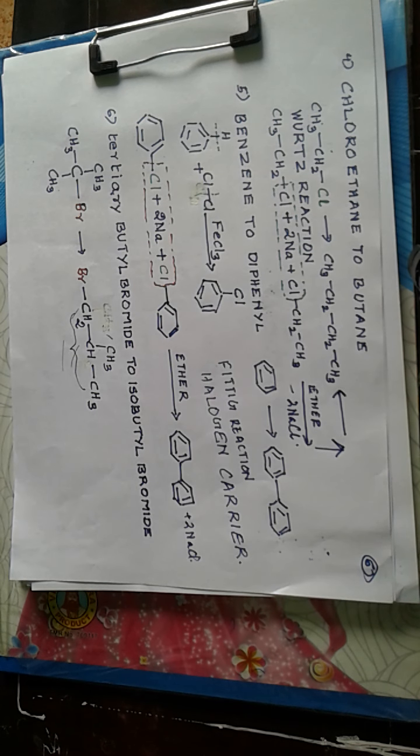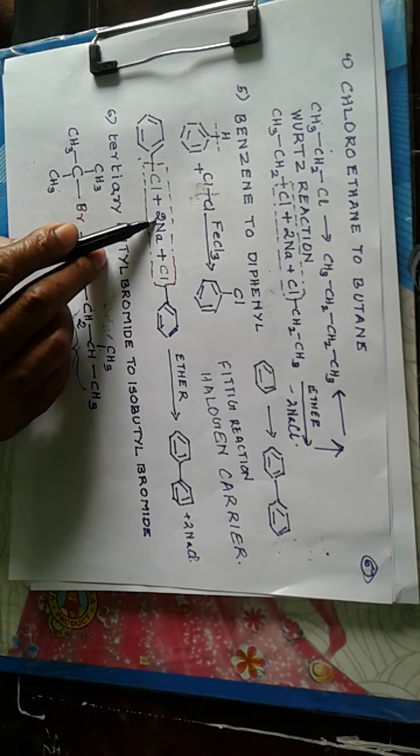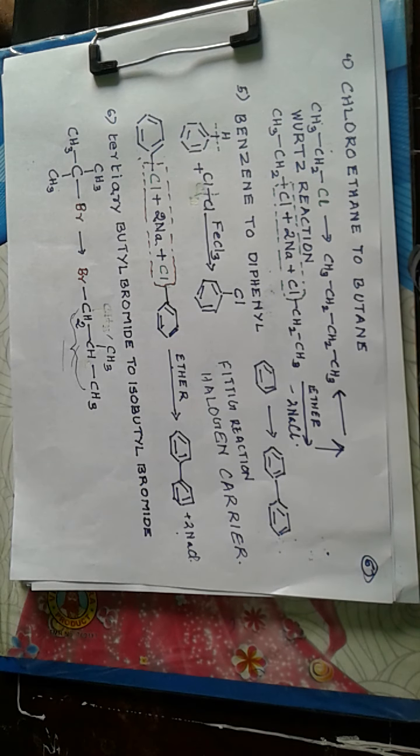Now ferric chloride is the halogen carrier or catalyst. FeCl3 reacts with Cl2, producing FeCl4 negative and Cl positive, and Cl positive is the electrophile. There is a mechanism for electrophilic substitution. We get chlorobenzene, and 2 molecules of chlorobenzene react with 2 sodium in dry ether. 2 NaCl is removed, we get diphenyl.